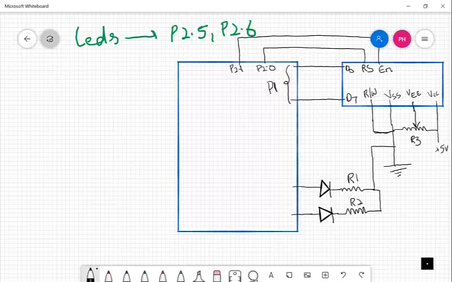So they are connected to P2.5 and P2.6. This is the 8051 microcontroller, and that leaves us with the connections of our ADC.